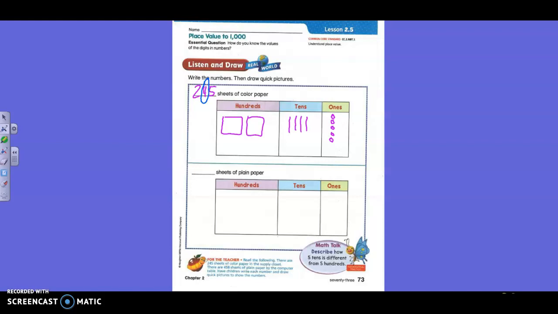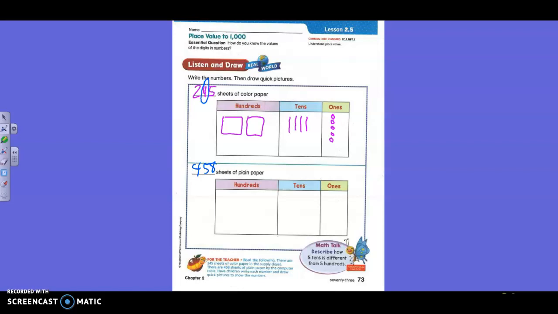Now let's look at the 4 in this one, which I didn't write down. What's the 4 mean in this one? 400, right? 4 hundreds. It's in the hundreds place, right?